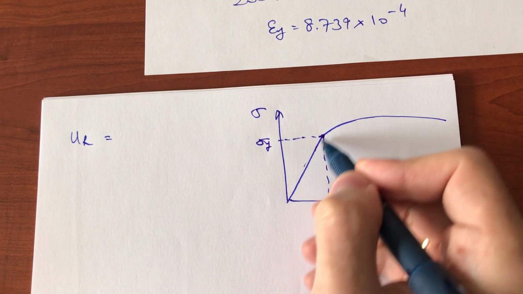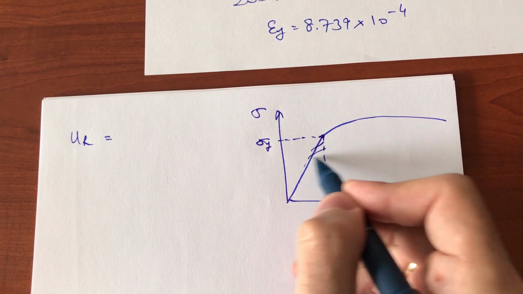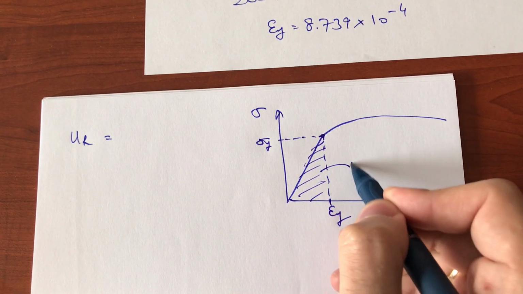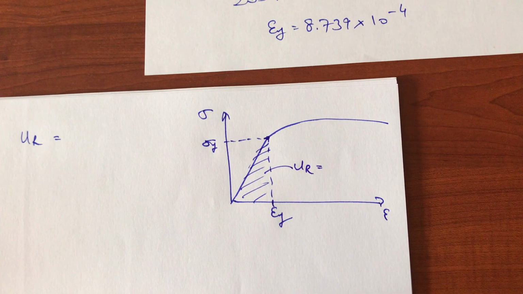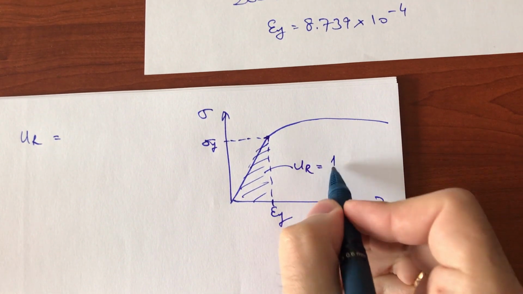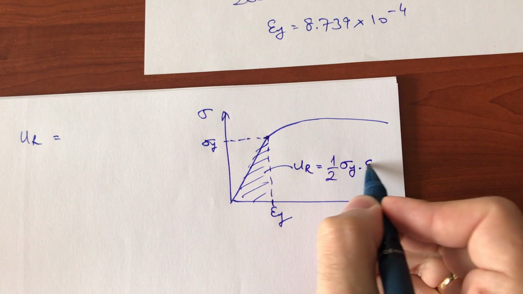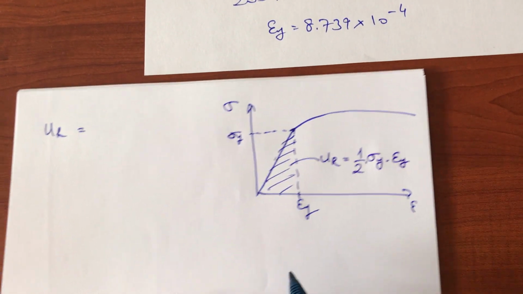So if we assume this part is linear, then the resilience geometrically is the area under the stress strain curve, and this can be calculated as such, area of a triangle.